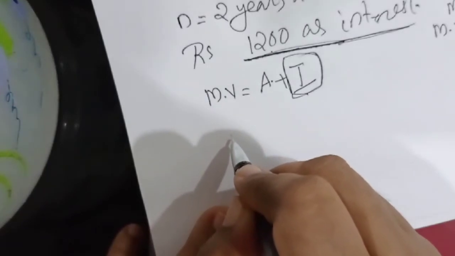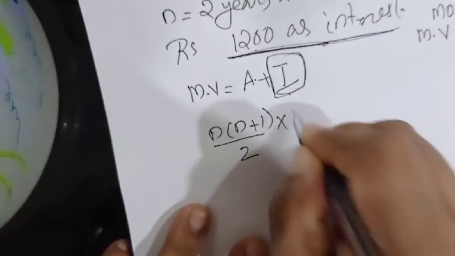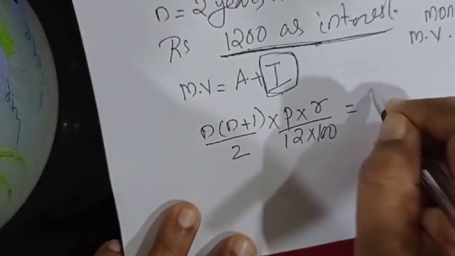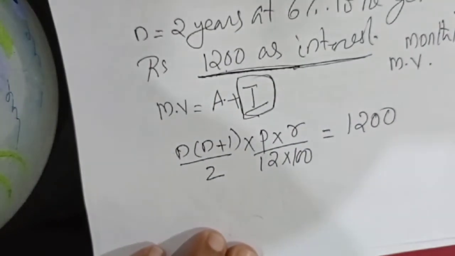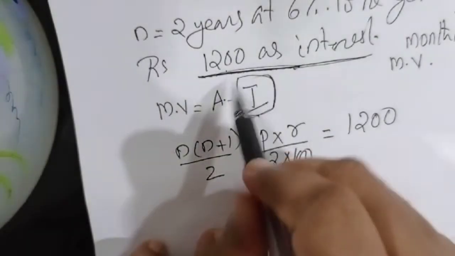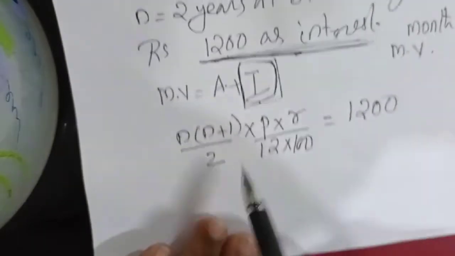Interest: N into N plus 1 by 2 into P into R by 12 into 100 equal to 1,200. That is given in this question. In the previous question, the maturity value is given, but here only the interest part is given. Therefore, you take that interest only.